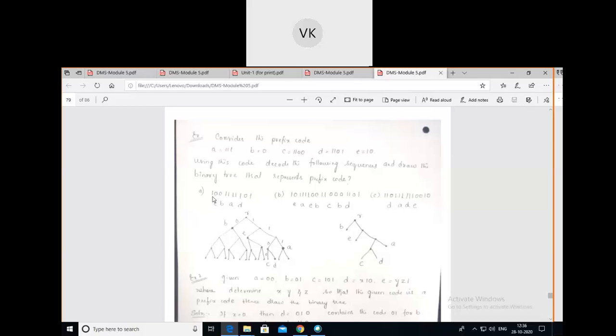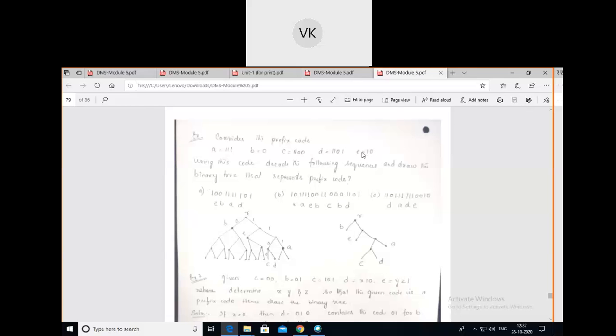Starting with the first letter of the binary sequence, you check each and every symbol, whether it is held by a symbol or not. If yes, then put that symbol name. Otherwise, you add one more letter to it, then again check with all the symbols.